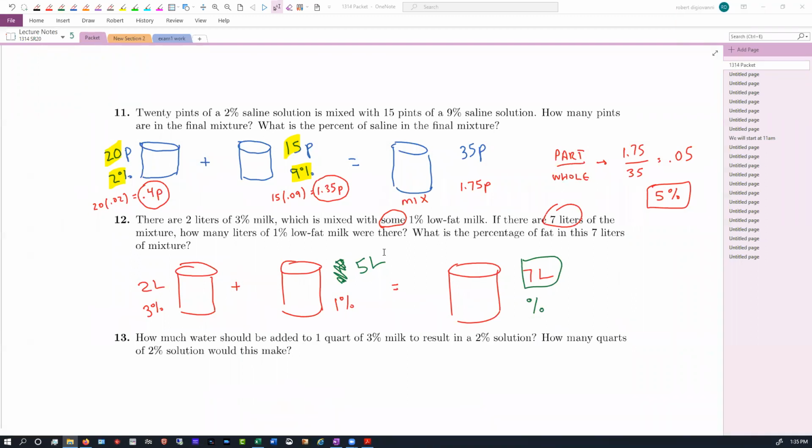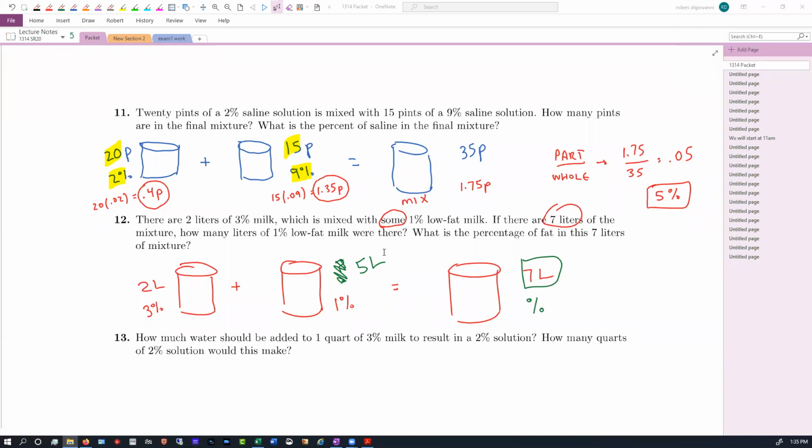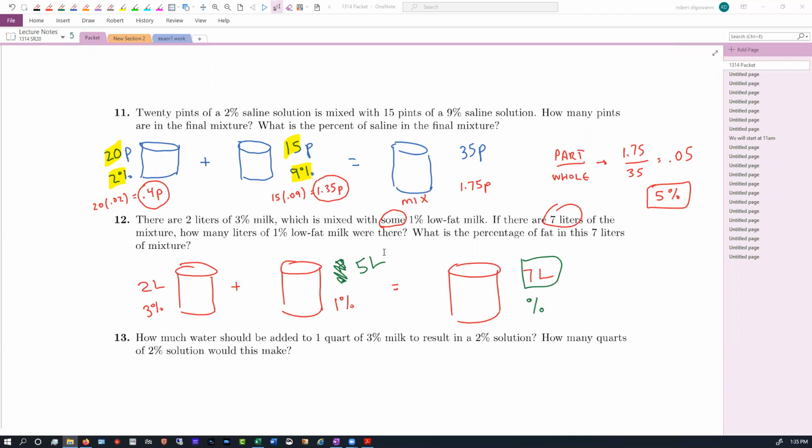Once I got the 0.11, then I just do the part over the whole, right? So 0.11 over 7. Yep. And I didn't get the right answer. What did you get? 1.5?